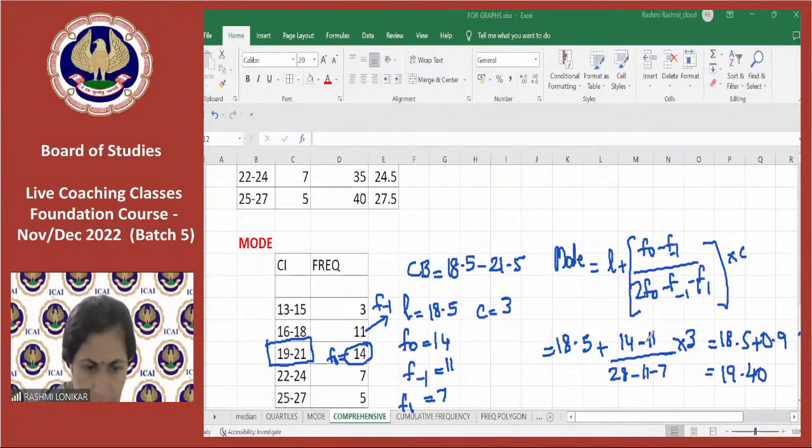Just a minute. f0 is 14. 14 minus 11, 3. 28 minus 11 minus 7. Okay.